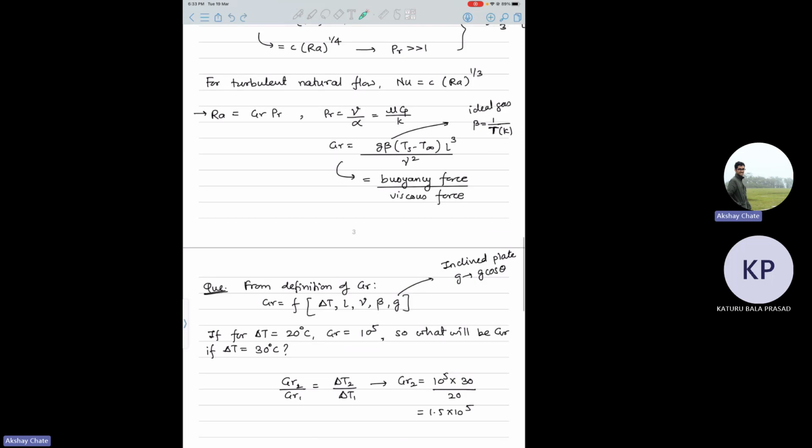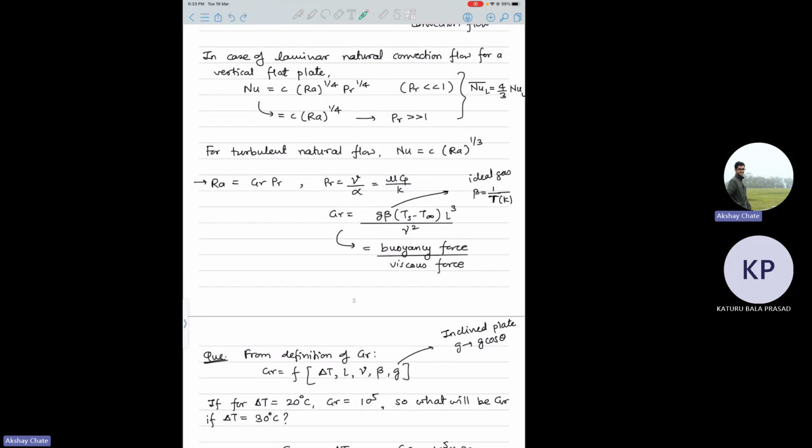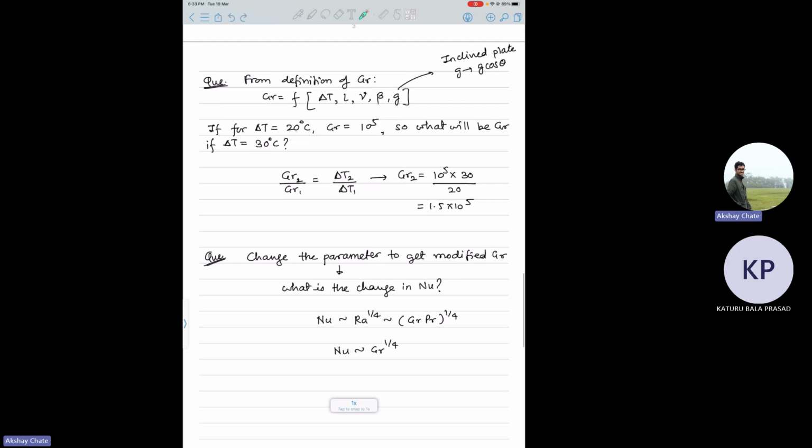For example, the Grashof number is a buoyancy force and viscous force scaling. Those types of questions are theoretical, and then there will be a small category of questions where you change one parameter and ask the effect on the Grashof number, Reynolds number, Rayleigh number, or whatever it is.